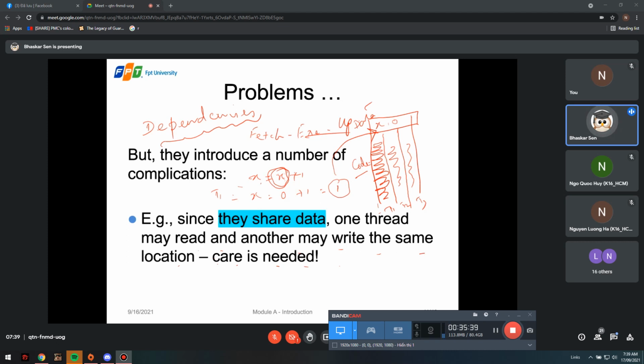And when it gets x equals 1, it will do the calculation as 1 plus 1, and the final x value is 2, and 2 will be updated.